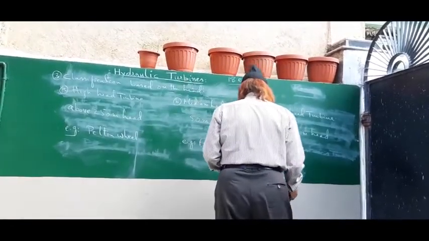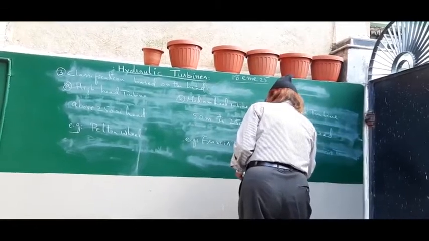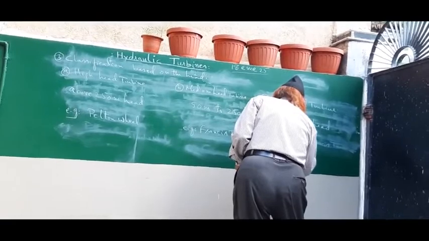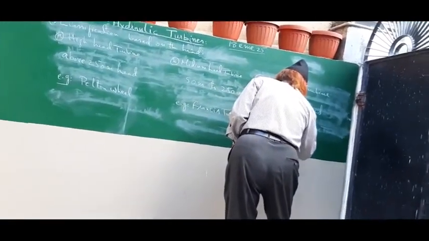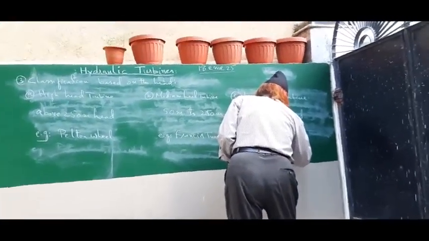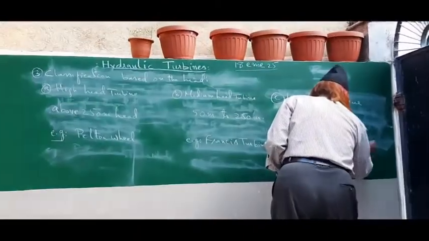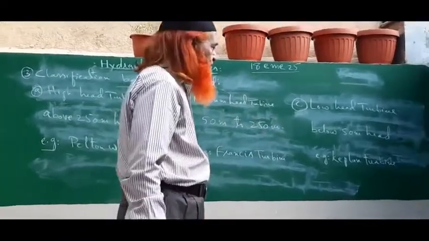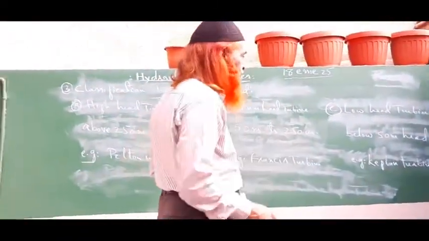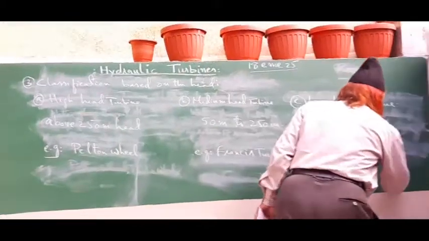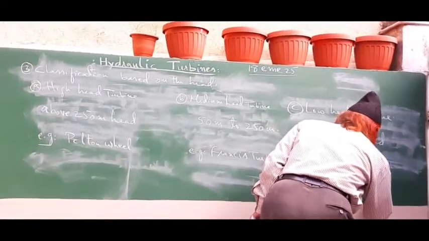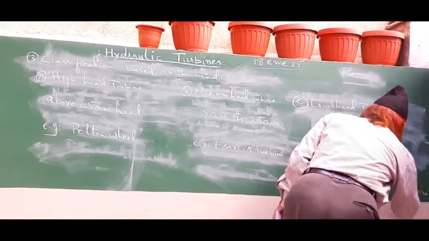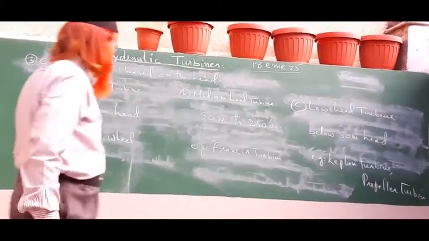And here you can take Kaplan turbine, because these three turbines are only to read briefly as examples. Otherwise, Kaplan turbine, propeller turbine, other types of turbines can also be given as examples. Right? But only these many. An example is there for you.